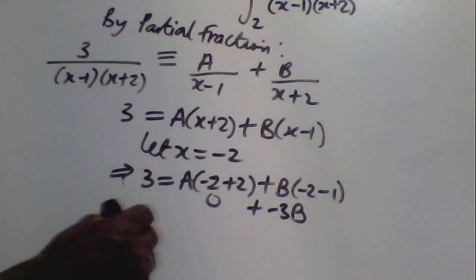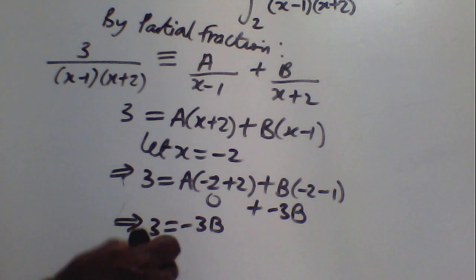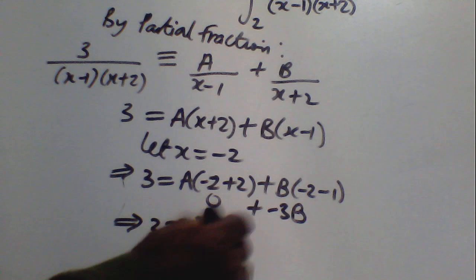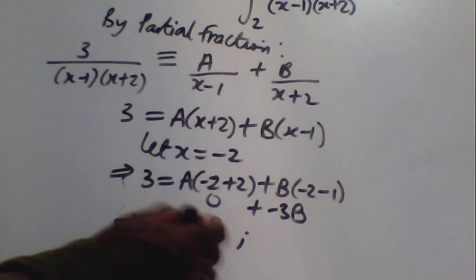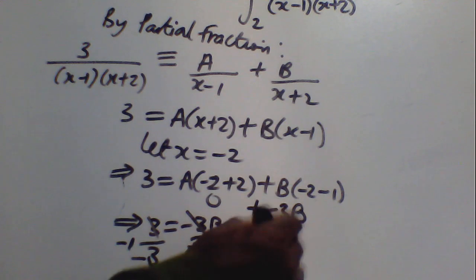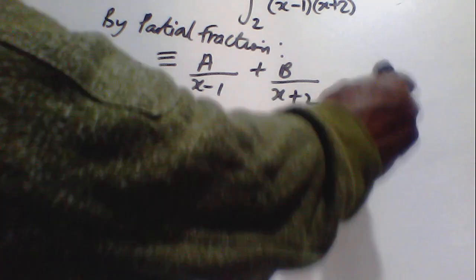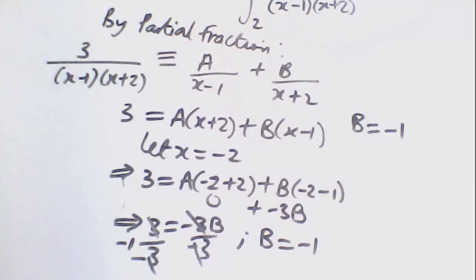In this case, we have 3 is equal to minus 3B. Divide both sides by minus 3. This will give us minus 1. So we have gotten B to be equal to minus 1.